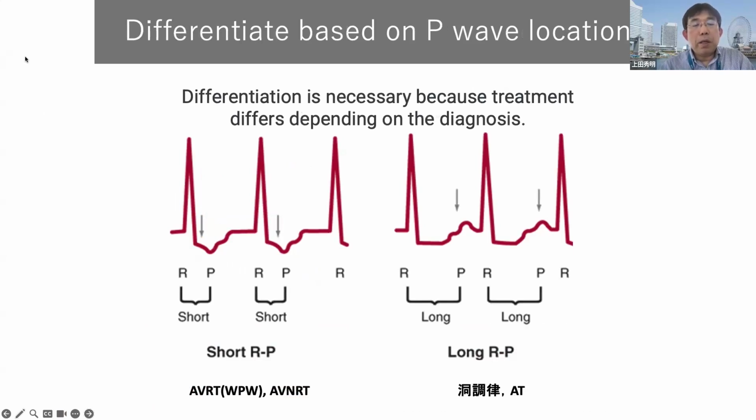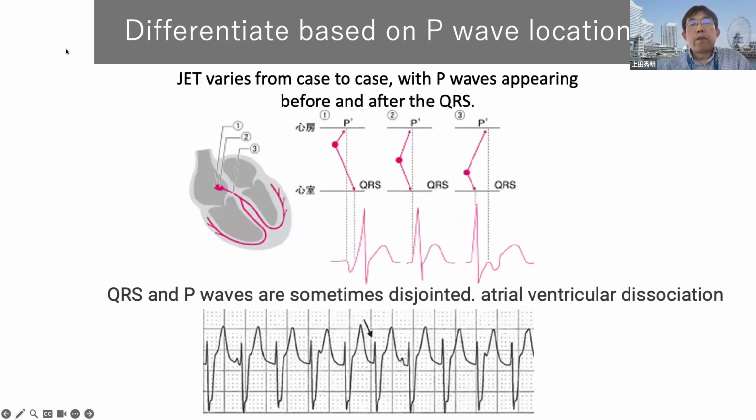If the RP interval, the retrograde P wave, is short, there is a possibility of AVRT or WPW, or maybe AVNRT. Otherwise, if the RP interval is a little longer, it may be AT, or maybe just sinus rhythm.